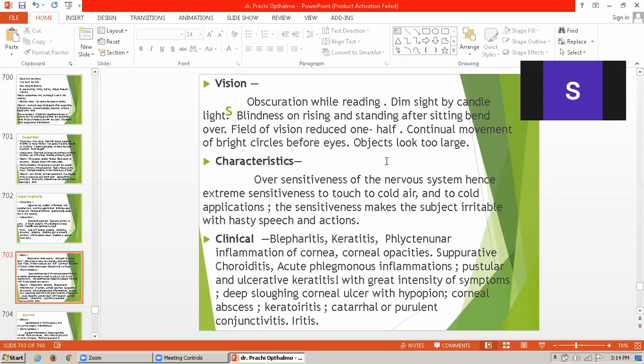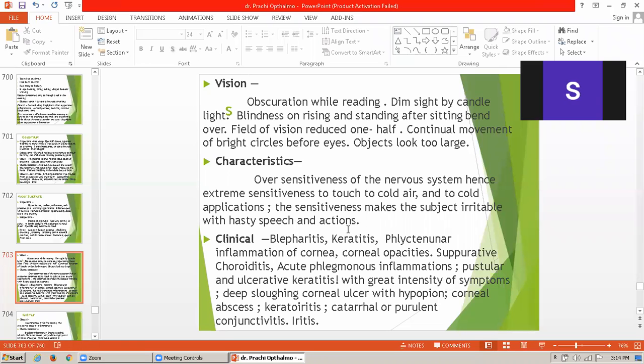The objects look too large in Hepar. Characteristics: there is an oversensitiveness of the nervous system. Hence, extreme sensitiveness to touch, to cold air, and to cold application. The sensitiveness makes the subject irritable with hasty speech and actions.